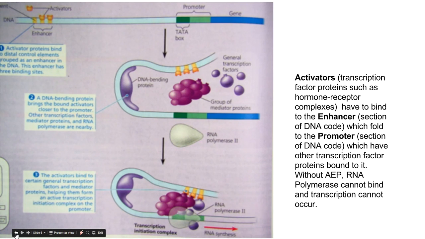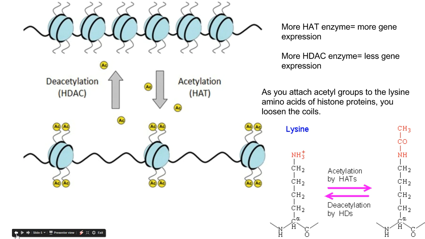So again, there's no end to how far you can go back. If you mutate the gene for acetylation, you're not going to unwind it and you can't express it. If you mutate the HDAC enzyme, because this is a protein too and this is a protein, then it's going to change what gets turned on and turned off.